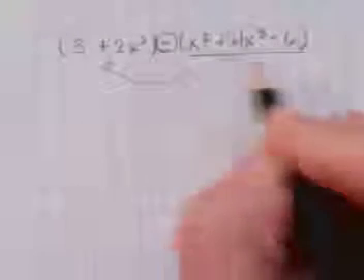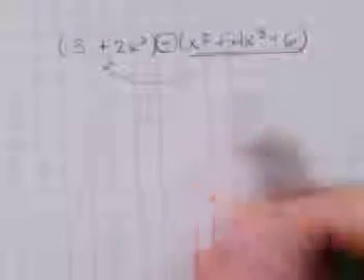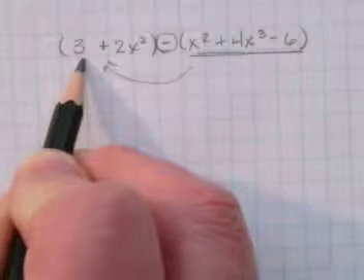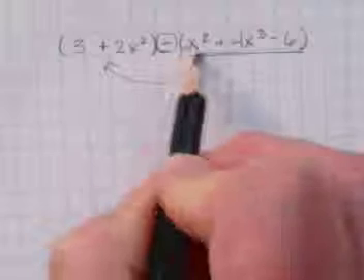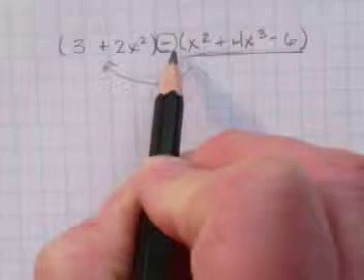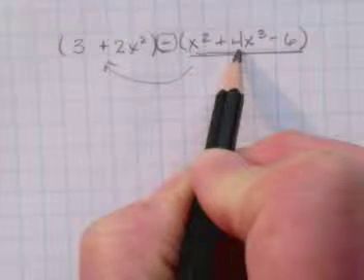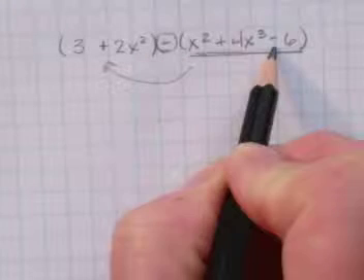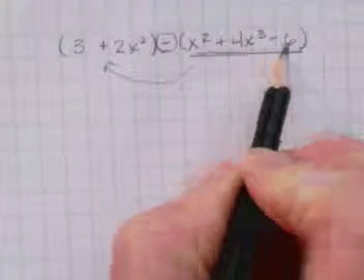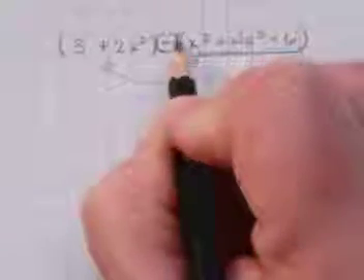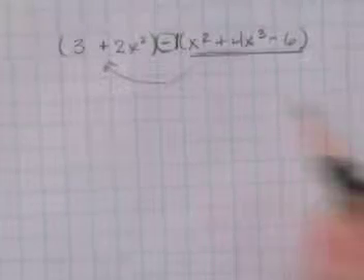So if I'm supposed to subtract what's in these parentheses from what's over here, I need to subtract all of it. I need to subtract the x squared term, I need to subtract the 4x to the third term, and I also need to subtract a negative 6. So the way that plays out is we distribute this negative 1 that's in front of the parentheses.